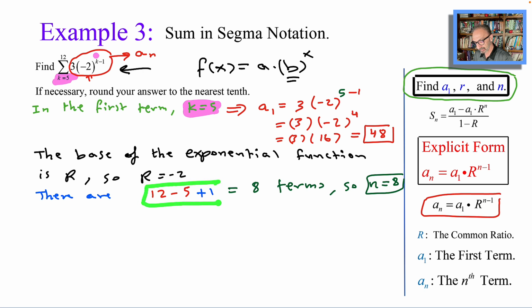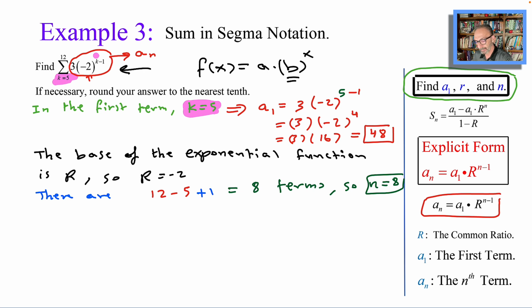to follow this rule. 12 is this right here, minus 5 is this right here, and then you have to add 1. Because if you just subtract, you're just looking at distances. But if you add 1, you're looking at terms. How many terms?